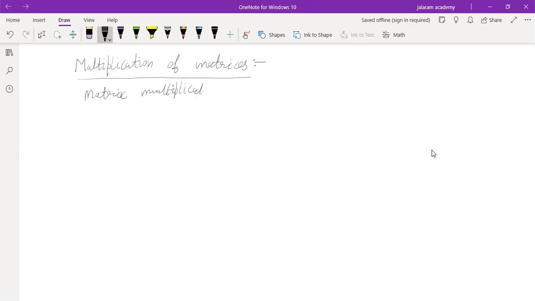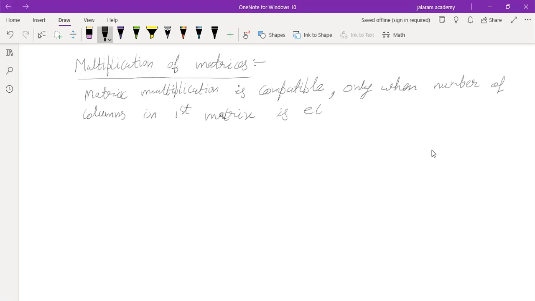Matrix multiplication is compatible, meaning matrices can be multiplied, only when the number of columns in the first matrix is equal to the number of rows in the second matrix.